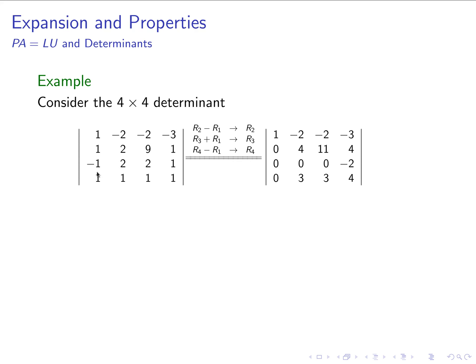Then we take row 4 and subtract row 1. And according to our theorems from the previous slide, since each one of these operations is row addition, we're actually not changing the determinant at all when we do these operations. So this is great for us because this takes our complicated 4x4 and it turns it into an easier 4x4 where we have more zeros here.